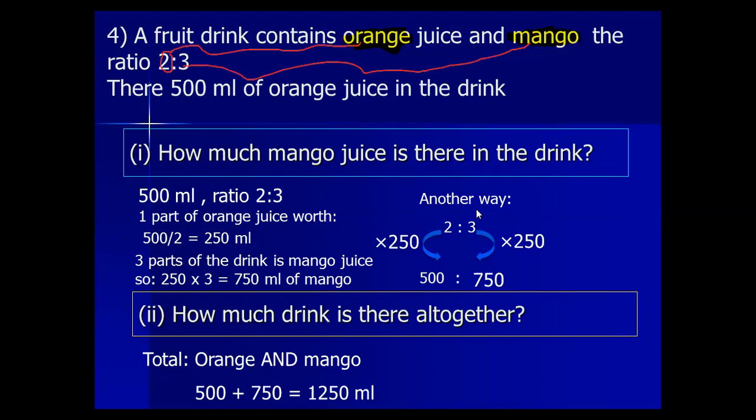To make it a ratio, I multiply both sides by 250. So if you multiply 3 by 250, it will become 750. That's it. And part B asks how much drink there is altogether. That means I will find how many orange and mango in total.